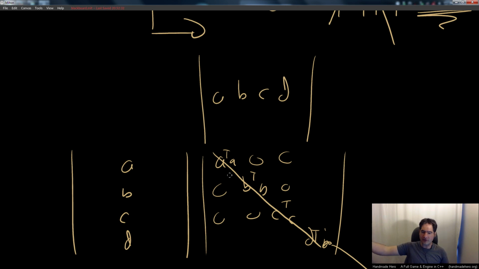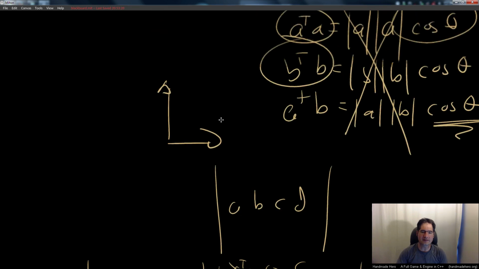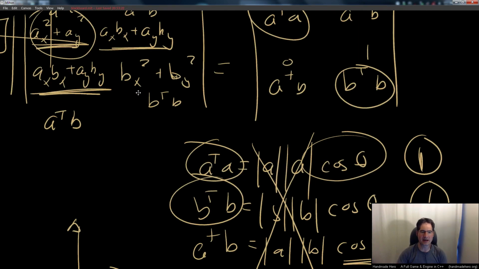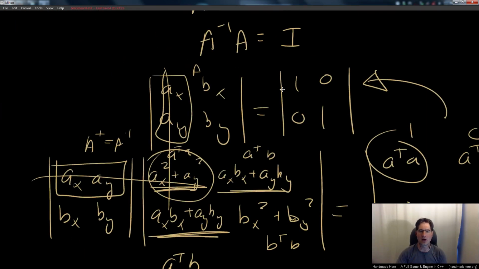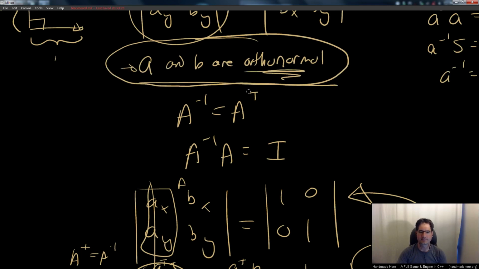And everything off the diagonal is always going to be the dot product of some vector with some vector that's 90 degrees apart from it. So it doesn't even matter what their lengths are. Their length could be anything, but the cosine term will always be 0. So everything off the diagonal becomes 0. And the only thing you get when you have 1s down the diagonal and 0s everywhere else is the identity matrix. So conceptually, algebraically, I hope that makes clear sense as to why this is true.